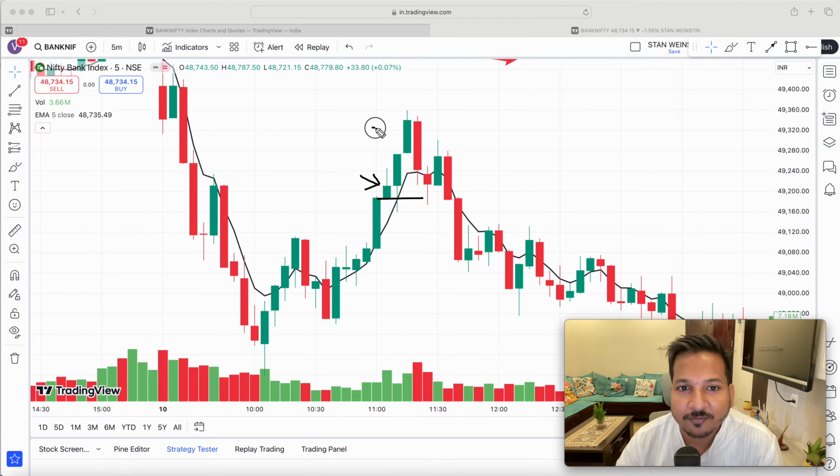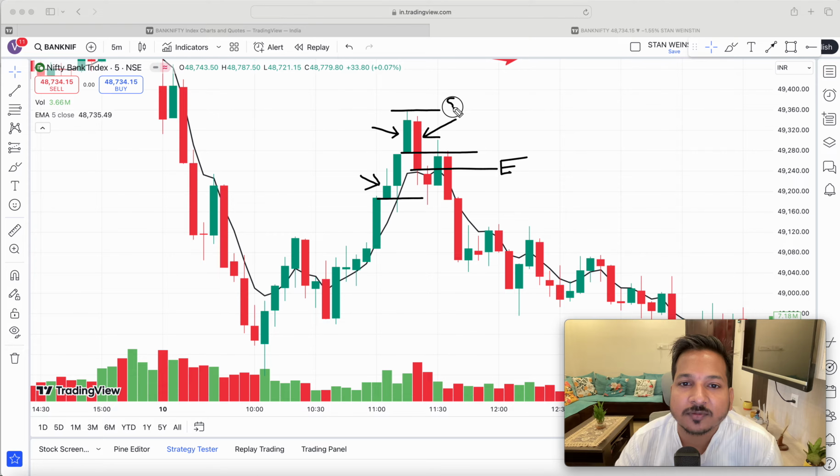Now the next candle forms which again is not touching the 5 EMA. So again you have to see whether the low of this candle is broken and closed below by the next candle. You can see the next candle breaks and closes below this. So here you can take entry. At this point your entry will be there and your stop loss will be above the green candle high.